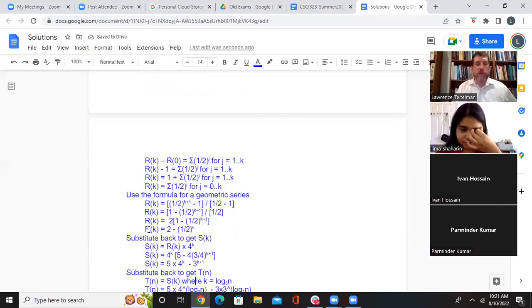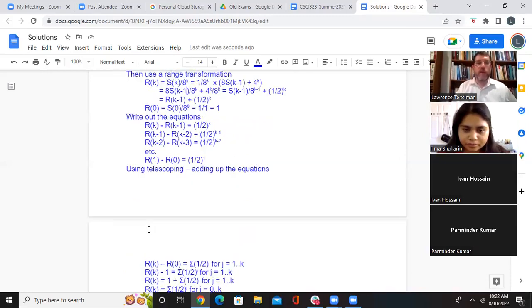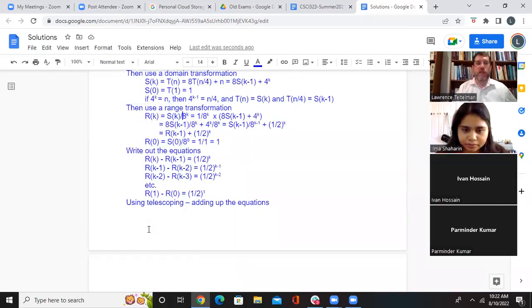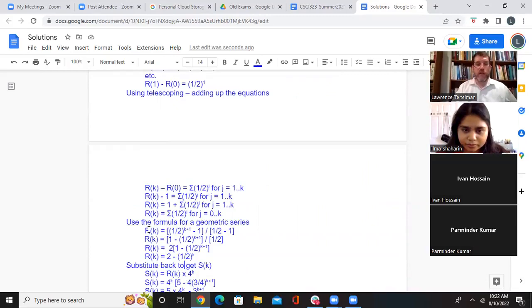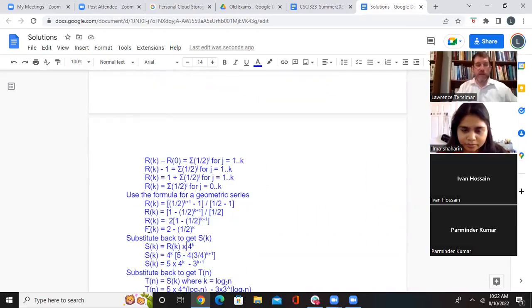Okay, so now I'm going to substitute back. So what do I put over here? Where my cursor is? Give you hints. What is r to the k? It's s of k over 8 to the k. When I substitute back, I need to multiply by 8 to the k. I multiply by 8 to the k.